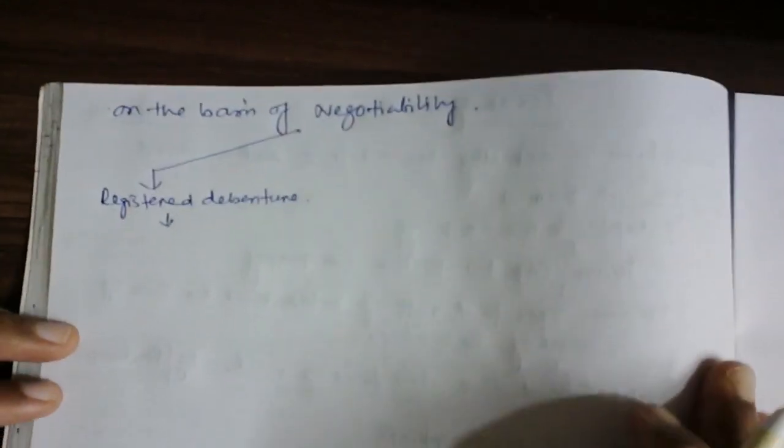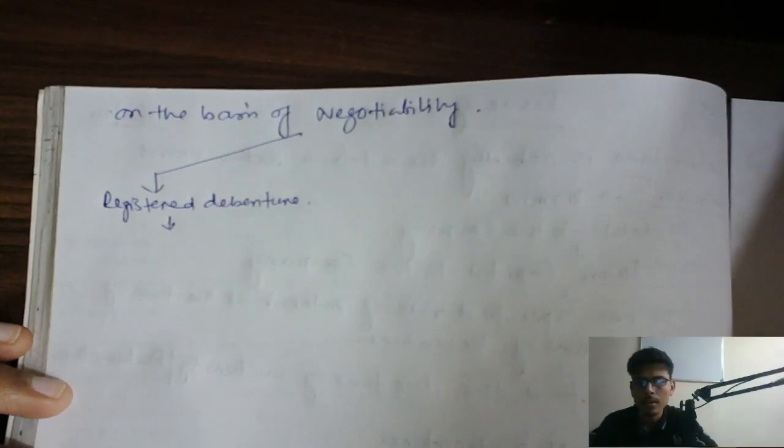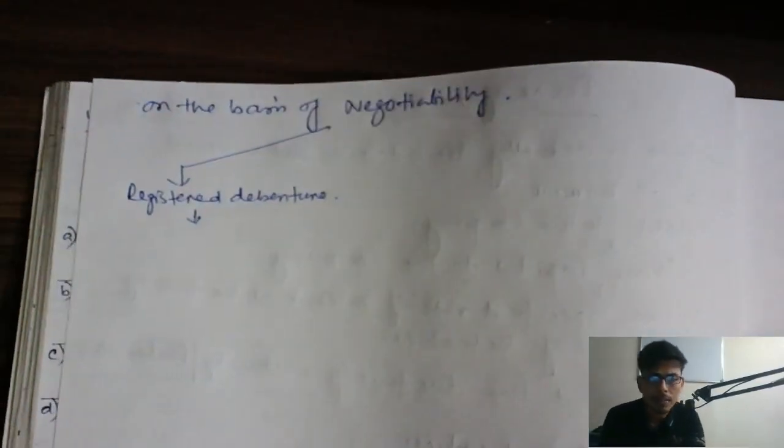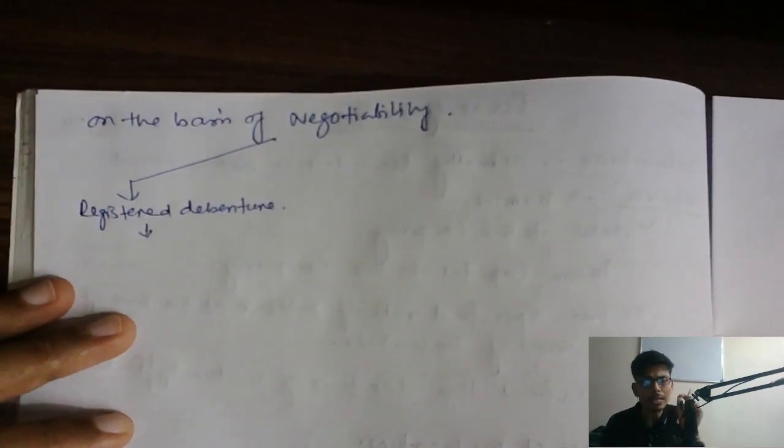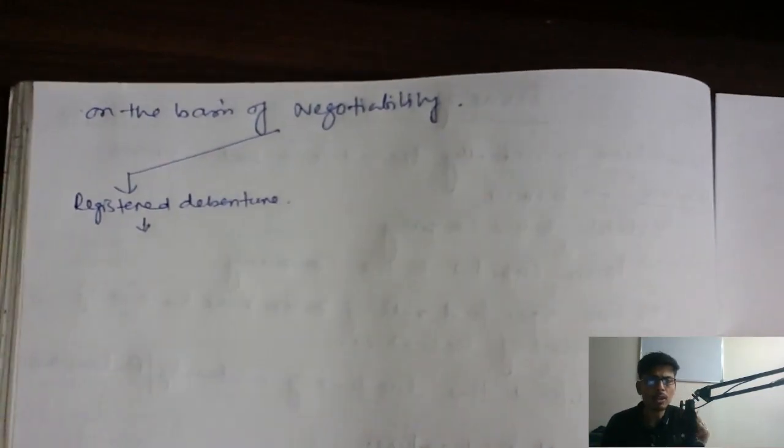Registered debentures are those debentures where the name of the debenture holder is clearly mentioned in the register or list of debenture holders of the company.